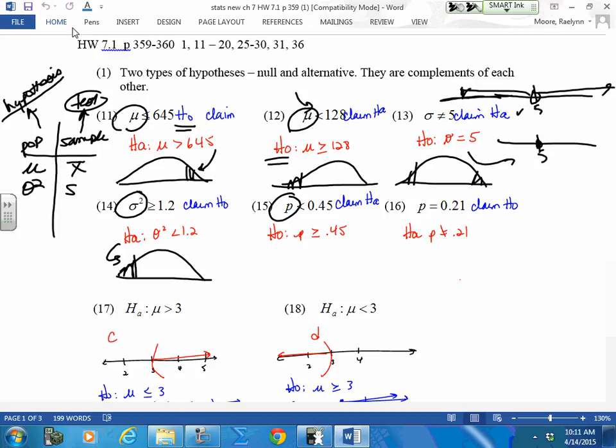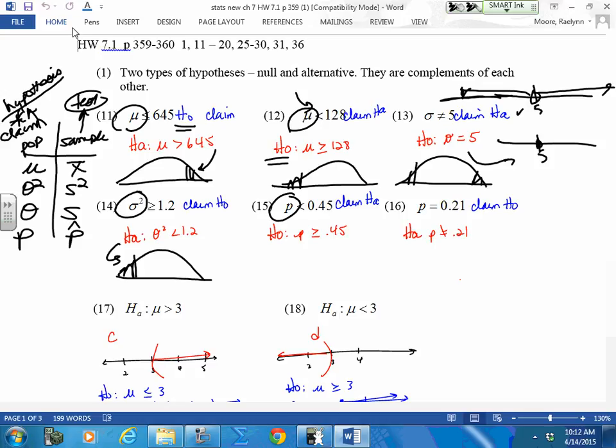Variance versus your sample, standard deviation, and proportion. We're making our claims about the population. If you don't have this on your chart somewhere, on your notes, write it on there. Because if you miss this part, you miss the whole point of hypothesis testing. Why else would we test this? Somebody made a claim about a population.